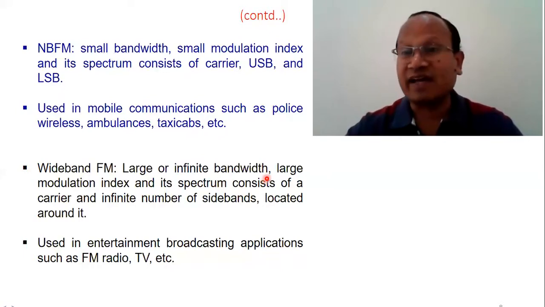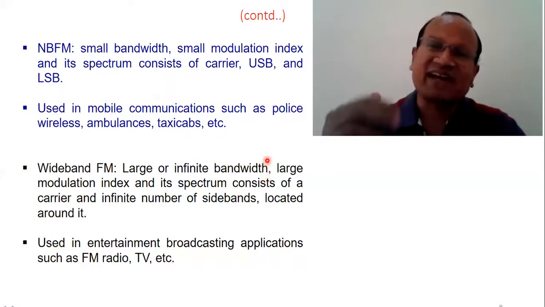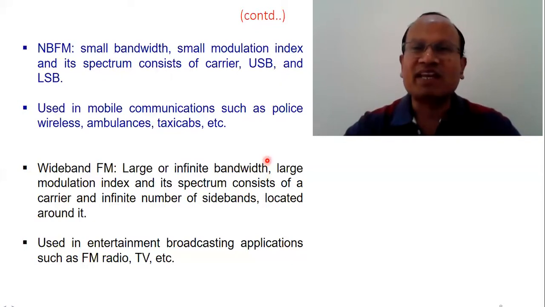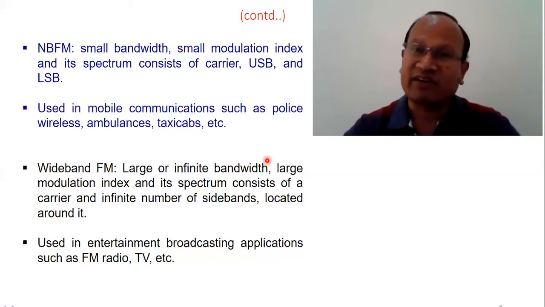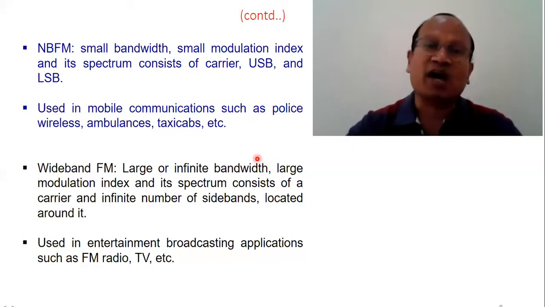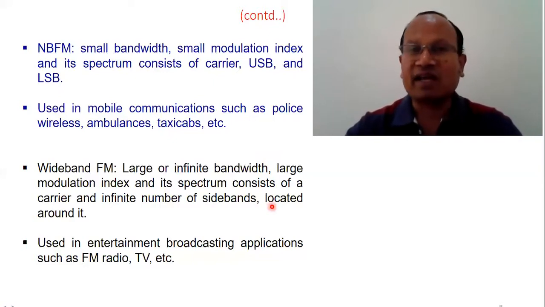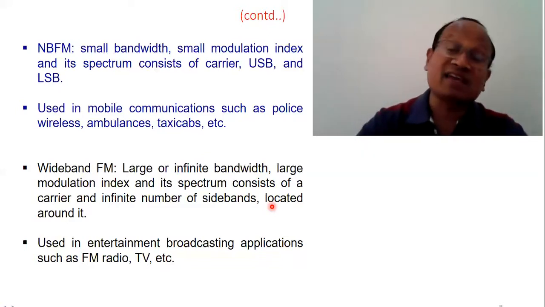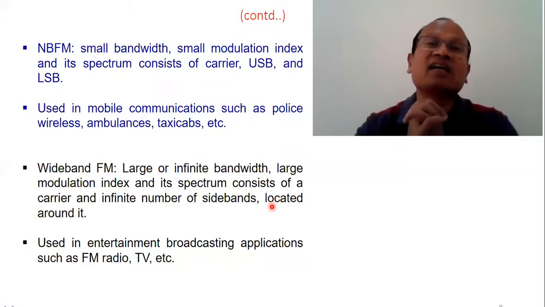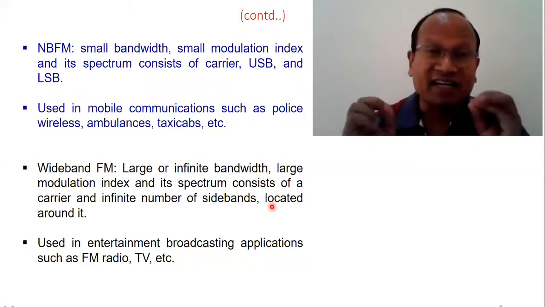Wideband has larger bandwidth, ideally infinite bandwidth, but it cannot be realized. So what we have is a large amount of bandwidth in FM, a large modulation index, a bigger value of modulation index, and therefore a large value of bandwidth. This is why the spectrum will also have a carrier. In narrowband FM, there is a carrier and only 2 sidebands, and in WBFM a carrier and a huge number, ideally infinite number, of sidebands.